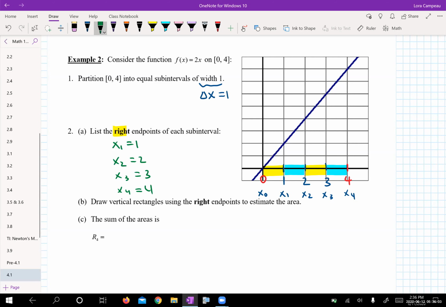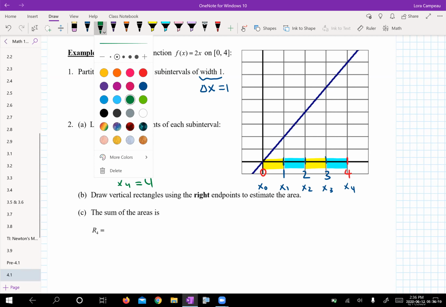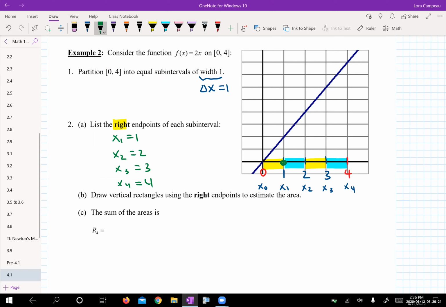And if we're working through this, what we end up doing is drawing rectangles based on this right endpoint. So let's mark them, maybe in green. The right endpoints in each of the intervals are now right here.